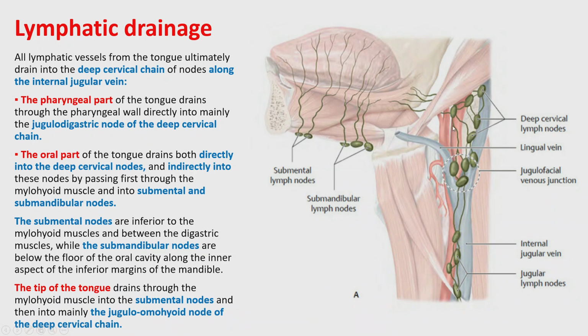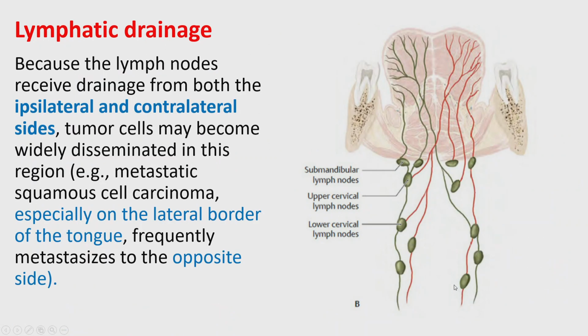Yes, and the backside of the tip, in this region, can go directly either to the submental or directly to the jugulo-omohyoid lymph node here in this part. Another important point is that the lymphatic drainage of the tongue is extremely important, and you have to know that this lymphatic drainage can cross with each other. Yes?